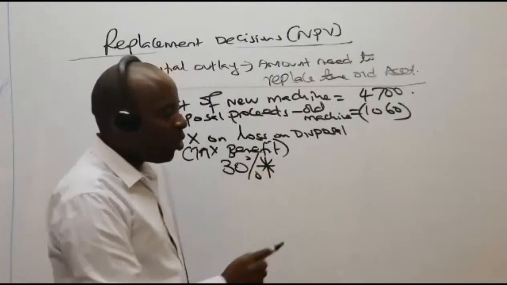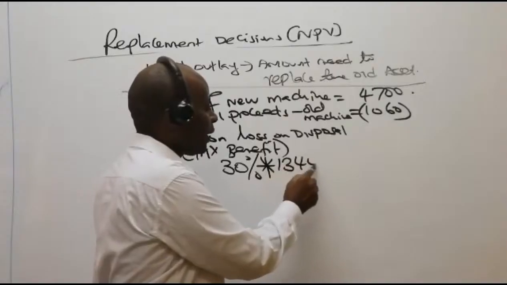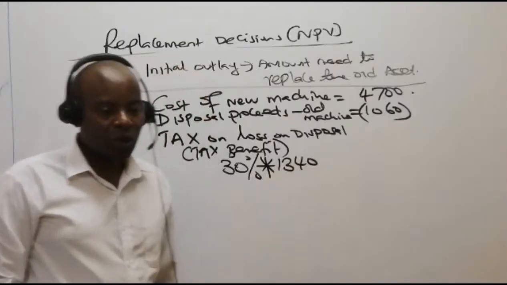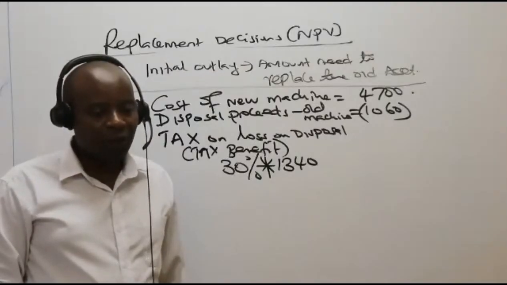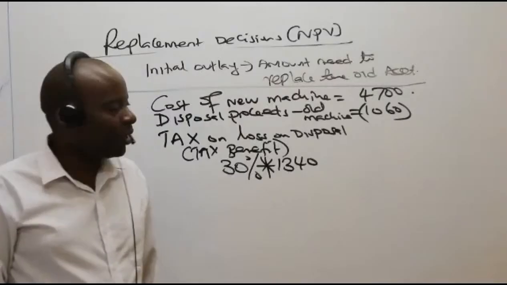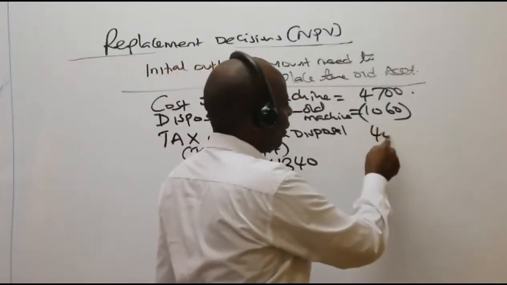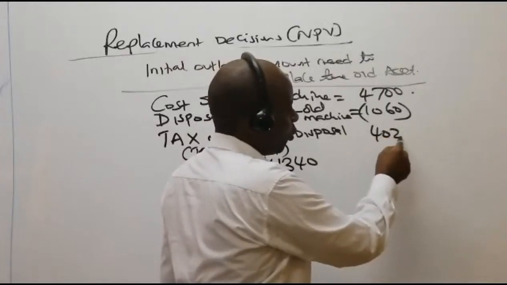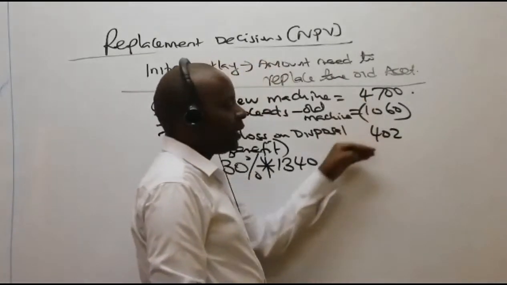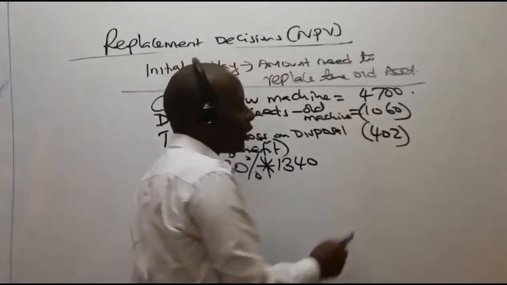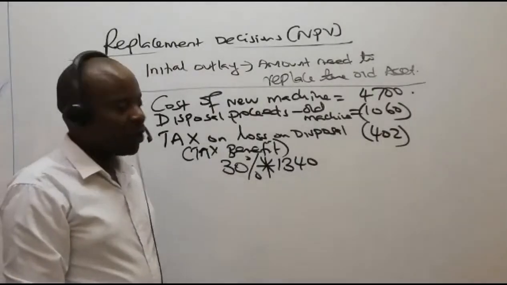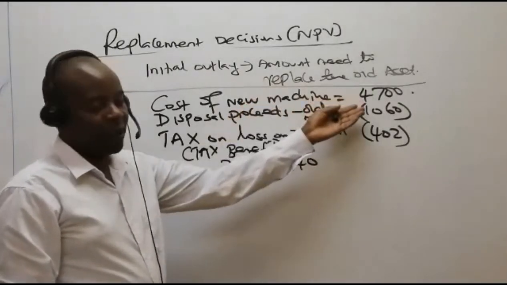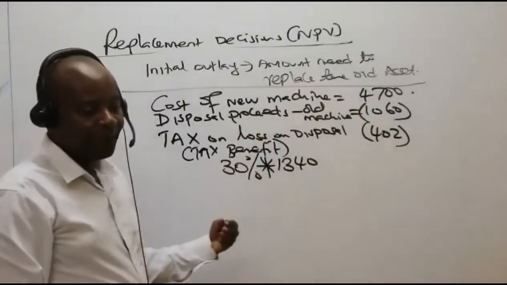You gave me a figure of 1340 for the loss on disposal, which gives me 402. Because we are comparing these two payments and this is a benefit, straight away I'll be required to subtract, because we took the outflow to be positive. So the inflows must be negative.